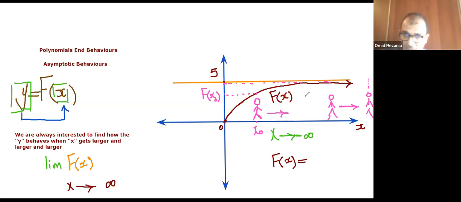When x gets larger and larger and larger, and saying that becomes too exhausting, I say infinity and cut the thing: x goes to infinity. It becomes almost 5. 5 is the value where this line intersects the y-axis.